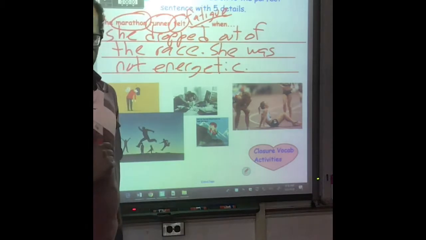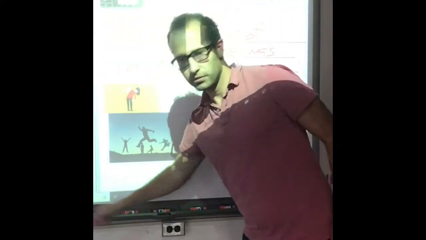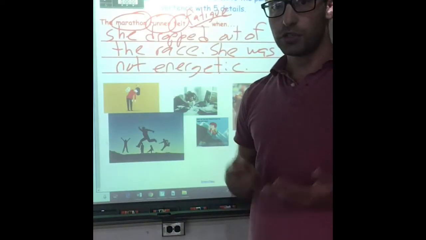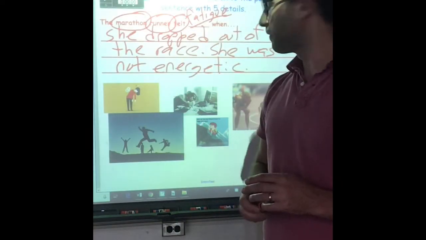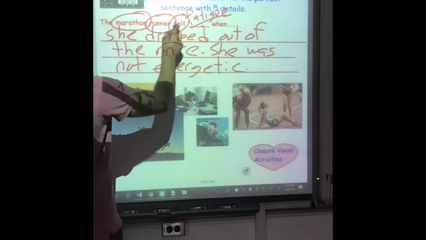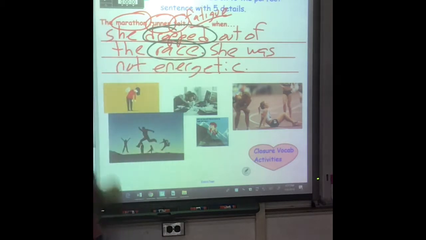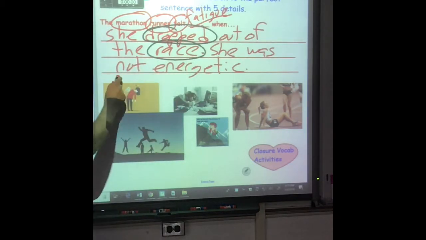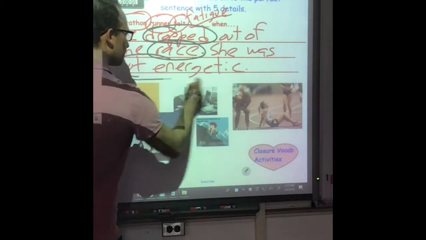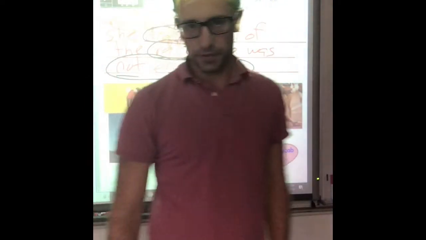My apologies for the sloppy handwriting. So, what details show us what the word fatigue means? Well, if you drop out of a race, that's certainly no good. And if you are not energetic, well, that phrase might function as a synonym for fatigue.